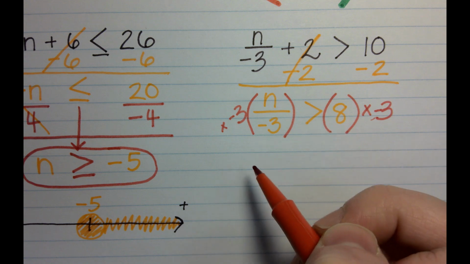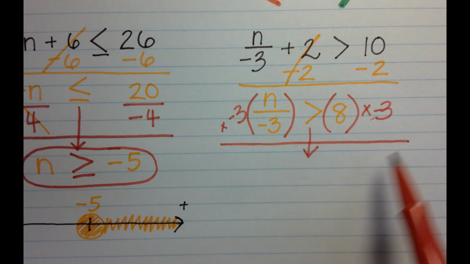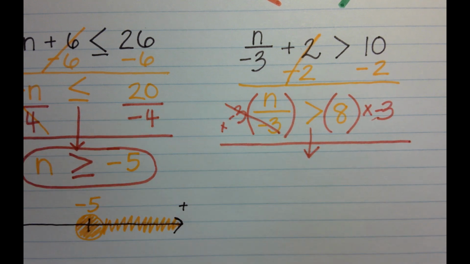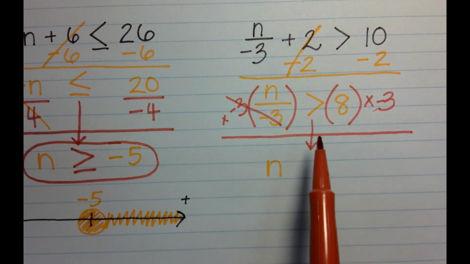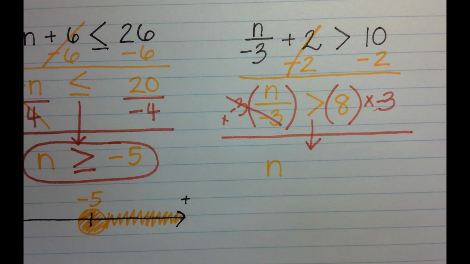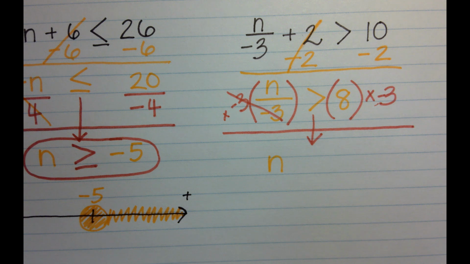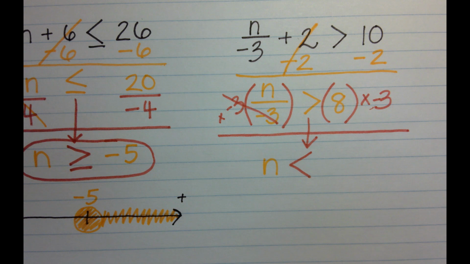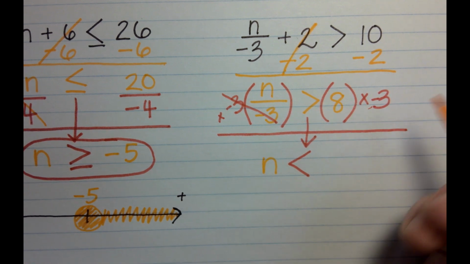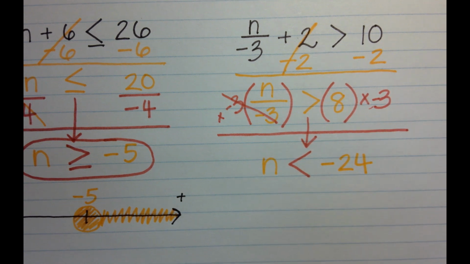My -3's will cancel, which will leave me with n all by itself. Then you're going to switch your symbol, to the left. Yes, we are flipping the sign. Why? Because we multiply by a negative number, so it becomes less than. And you're going to times that 8 and the 3, so -24. Perfect. 8 times -3 is -24. Good.